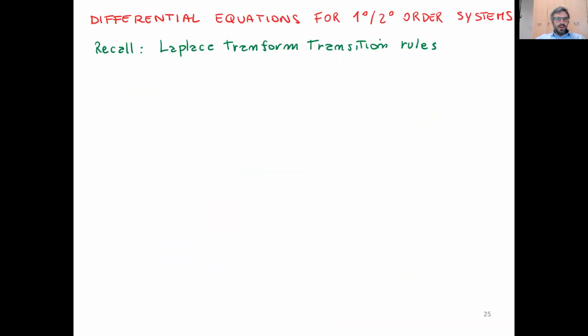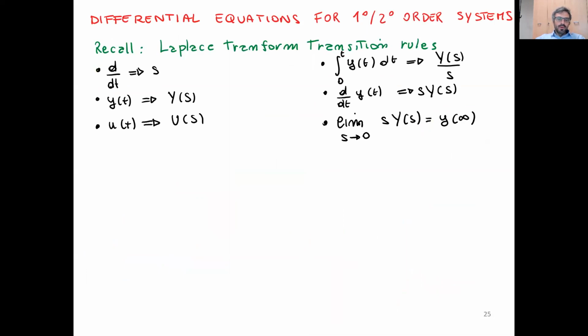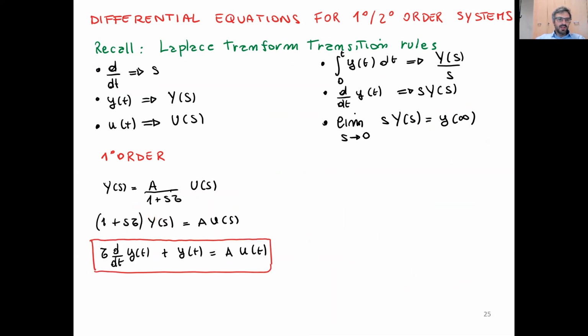Okay. And if we use the Laplace transform to map our differential equation into Laplace, we have this one as the first order, and we can compute back the differential equation from the transfer function, doing this trick.